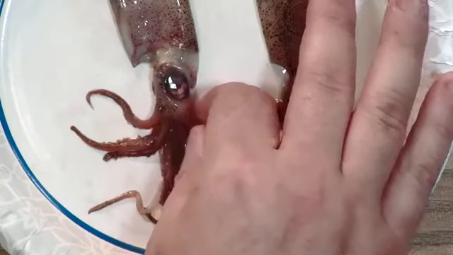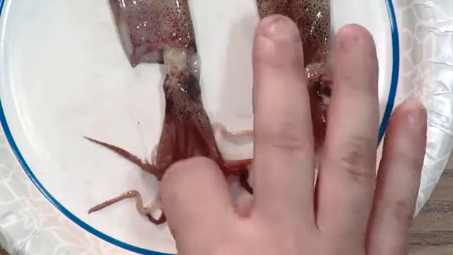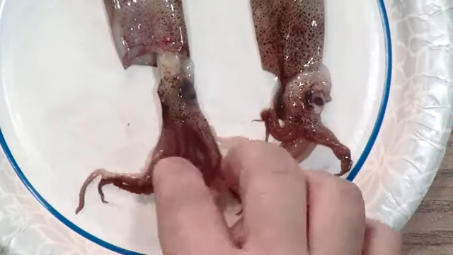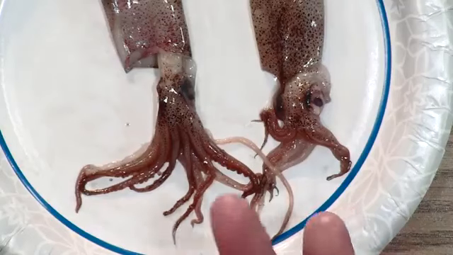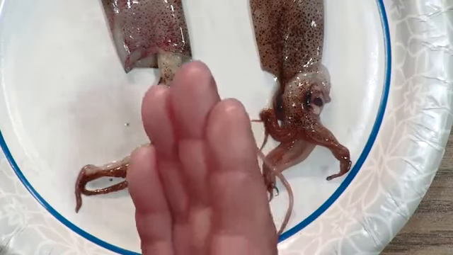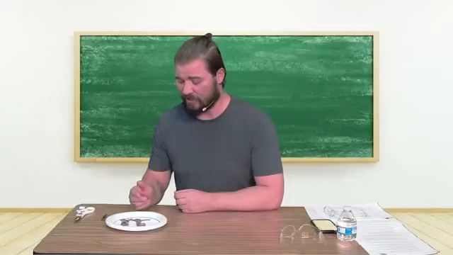So we're looking at this inside, checking out our tentacles. The parts you would eat would be the tentacles here, and then this mantle part, all right? If this is something you want to do, you want to make sure it's really clean. And at the end, I'll show you how to do that.